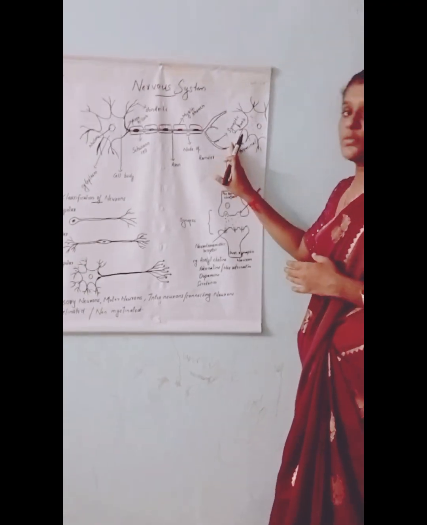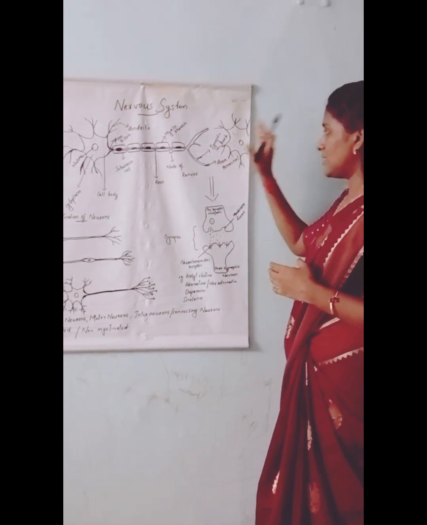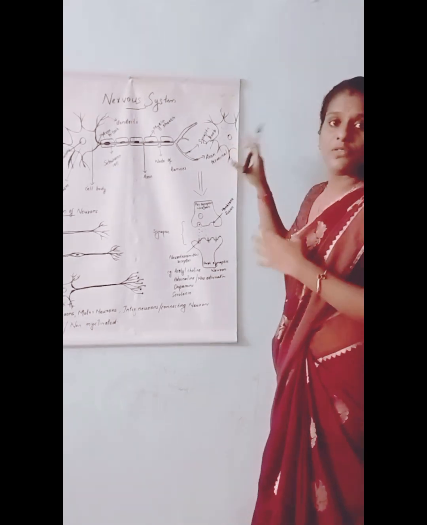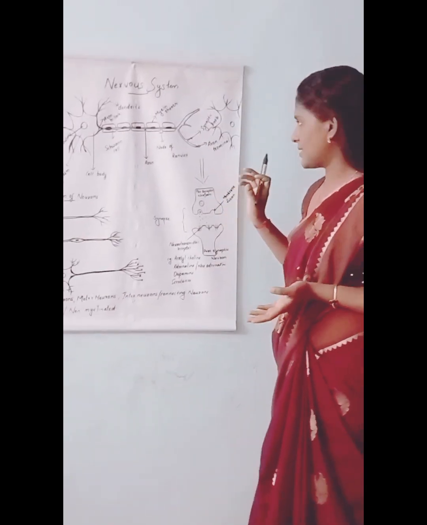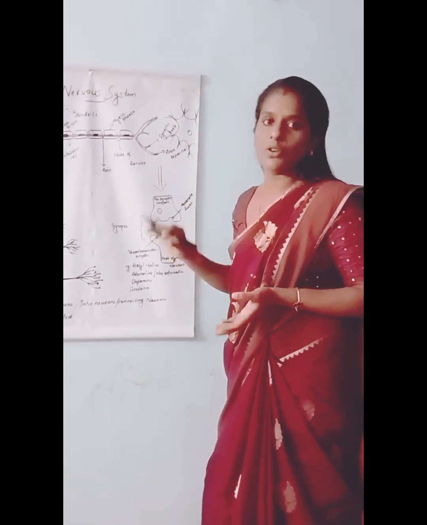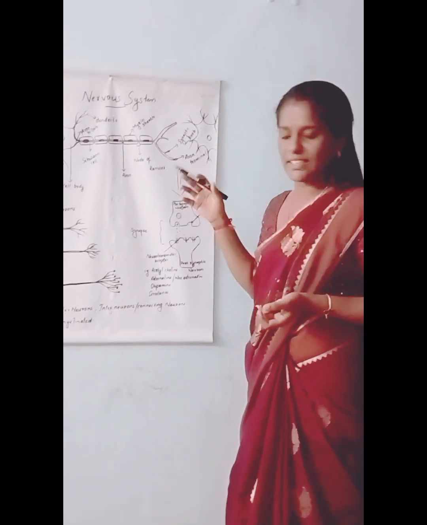In the synapse, they will be in the form of chemical signals. And again, they transmit to the adjacent neuron. In that neuron, they will be in the form of electrical signals. So this transmission takes place with the help of neurotransmitters like acetylcholine, serotonin, epinephrine, norepinephrine, etc.